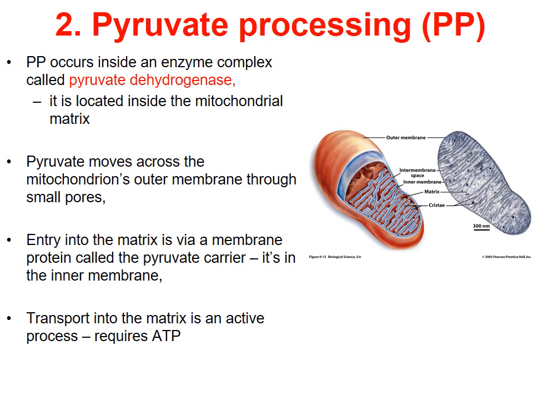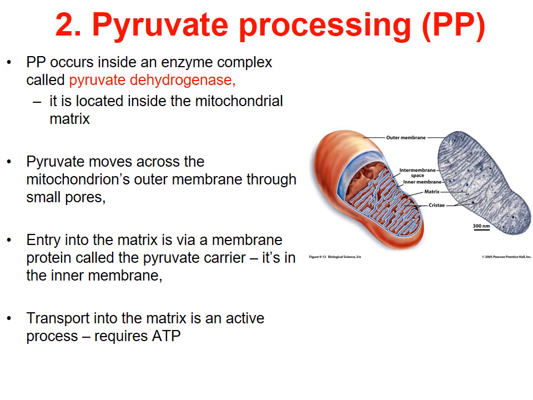So what happens after glycolysis is that the two molecules of pyruvate that are produced for each molecule of glucose move across the outer membrane of the mitochondrion and then through small pores and enter the matrix using a membrane protein known as a pyruvate carrier. And this is within the inner membrane of the mitochondrion.